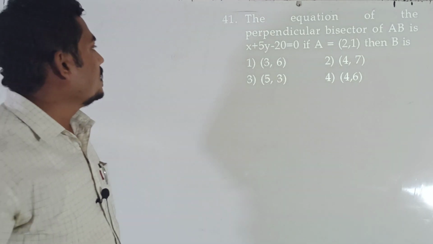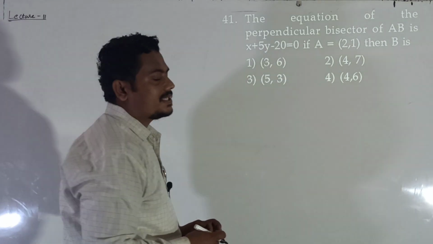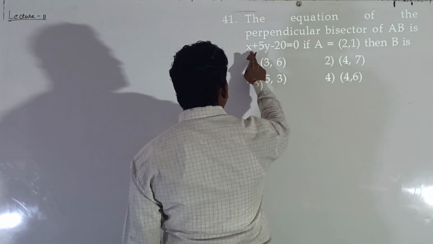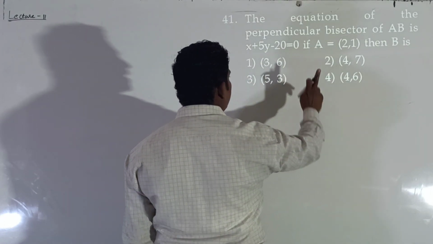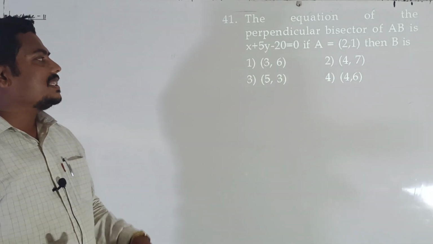Next question. The equation of the perpendicular bisector of AB is given, this is x plus 5y minus 20 equal to 0, and in that AB one vertex A is given as 2, 1, then what is B?